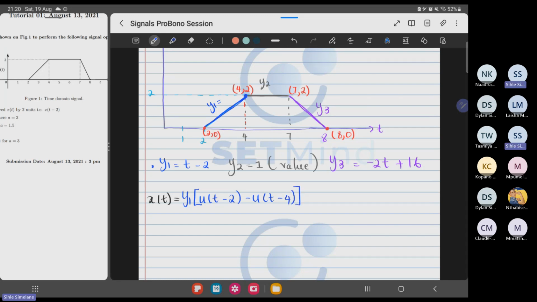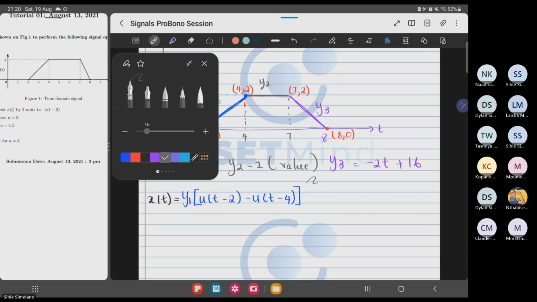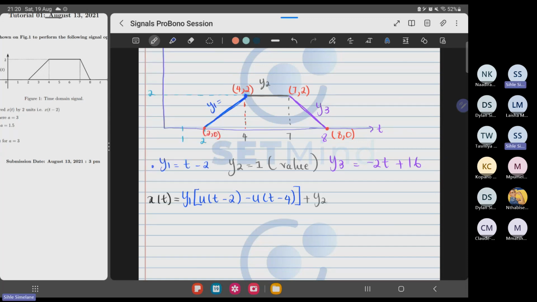That's where we have the graph Y1. Okay. And then let's look at Y2. The graph has a value between 4 and 7. So we are going to go to t is 7. That's your y2 graph. And then your y3.